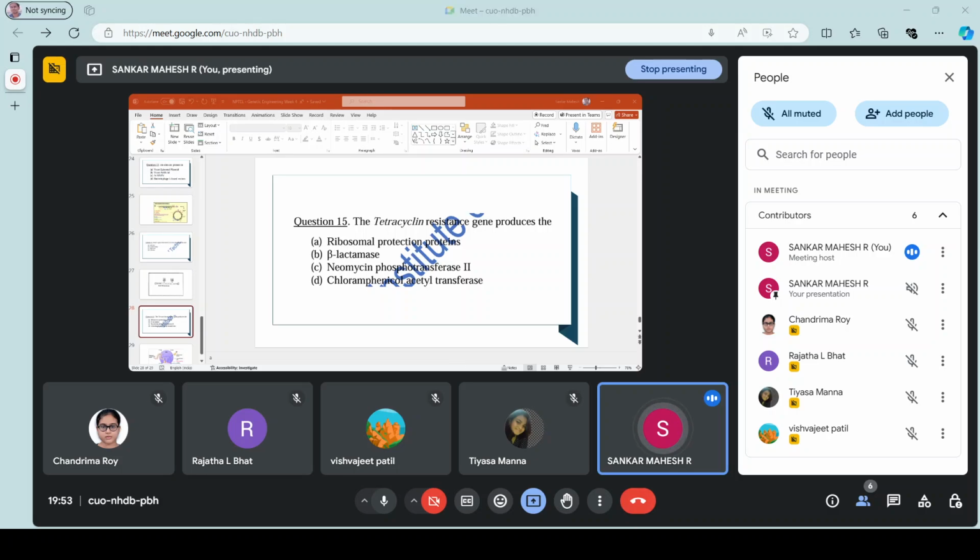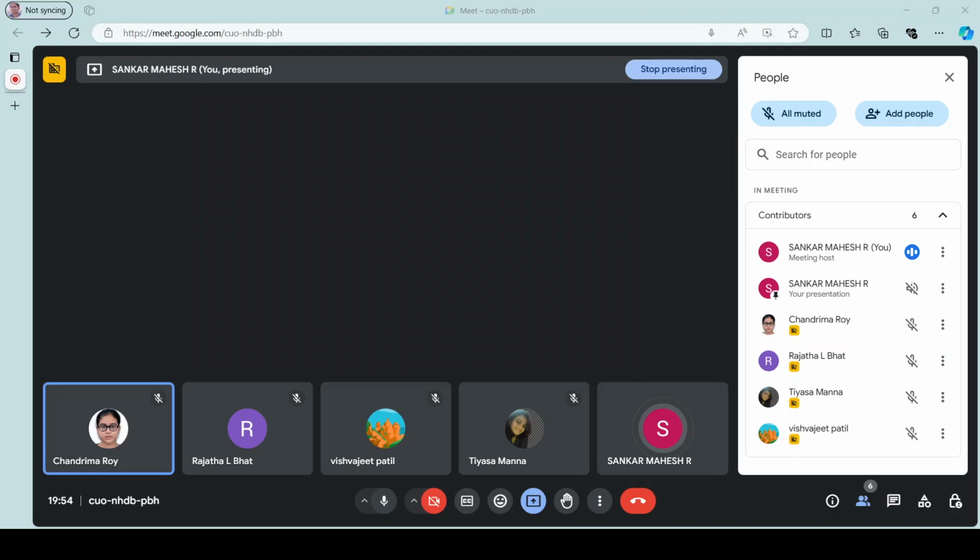If it is going to work in translation inhibition, then where should the resistance gene work? Ribosome. Yeah, you're right. Like you mentioned, tetracycline sits on the A site and prevents translation. So the resistance gene would not allow tetracycline to sit there, thereby protecting the ribosomal proteins and ensuring the translation happens. So this is how this process happens.